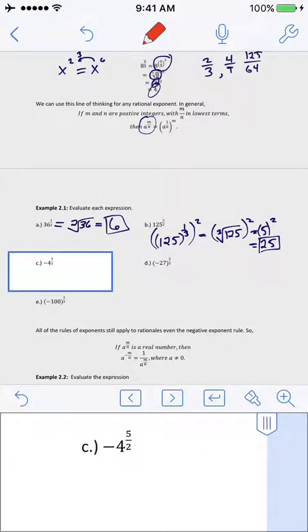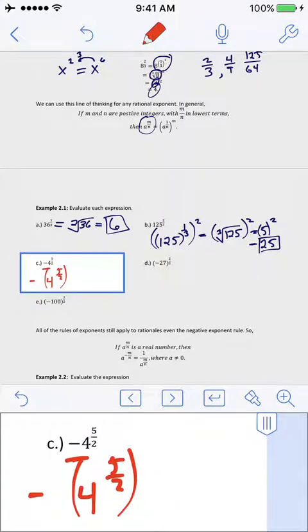Well, let's try this one: -4 to the 5/2. Let's be super careful here. Notice there are no parentheses around the 4 in the original, and I put parentheses in here. That's a bad idea. Instead, I'm just going to pull the negative out to the side and treat this like 4 to the 5/2.